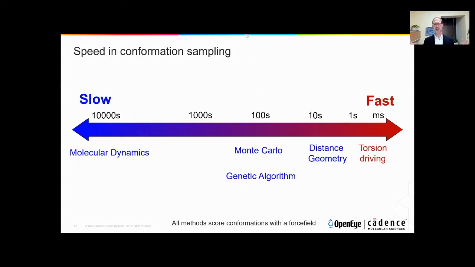So to put the sampling methods on some sort of time scale here, by far the fastest methods are torsion driving, down in the tens of milliseconds per molecule, all the way up to molecular dynamics, which is tens of thousands of seconds per molecule. So I'm going to briefly compare two methods of conformation sampling: a stochastic method, distance geometry, and a deterministic method, torsion driving.